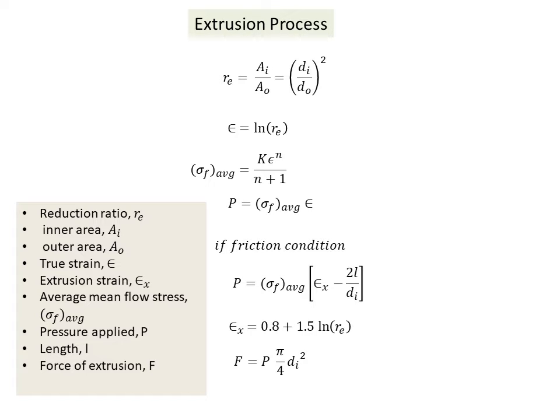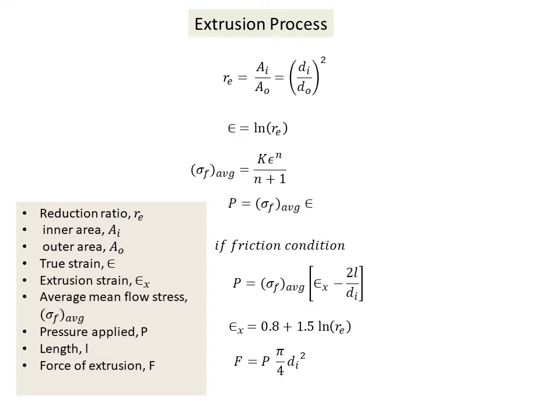So the epsilon x is the extrusion strain, which can be calculated by epsilon x is equal to 0.8 plus 1.5 into ln of RE. So after all this calculation, the final result will be found out by the force required for the extrusion process.